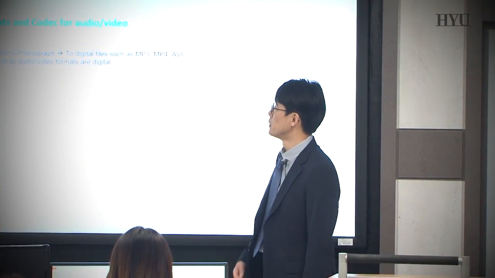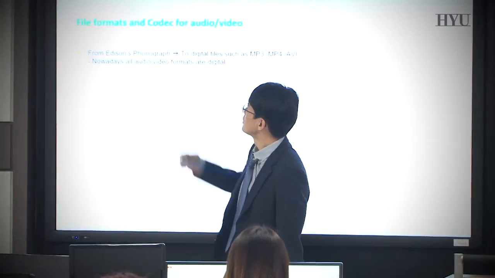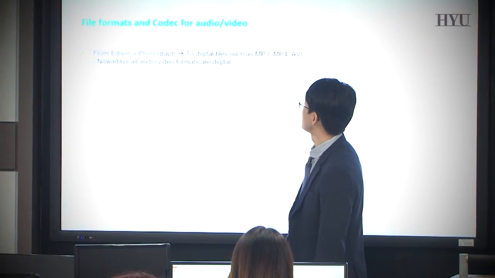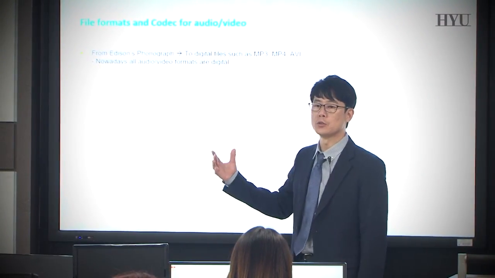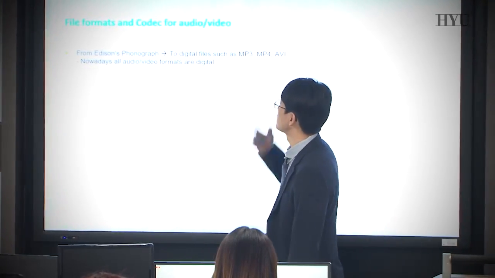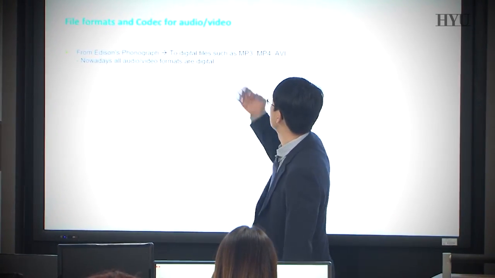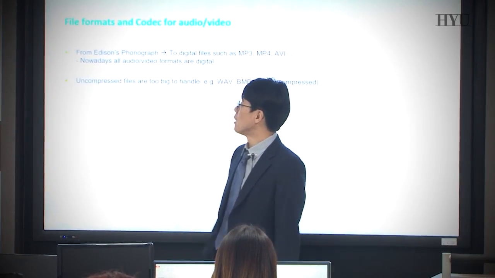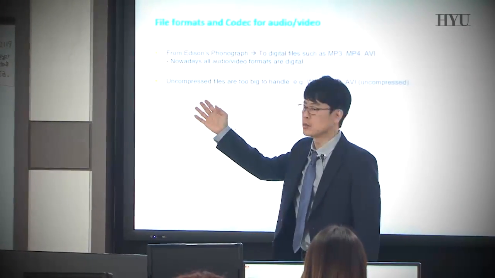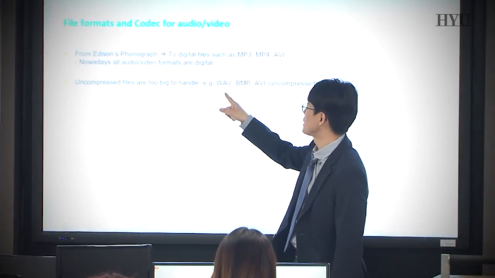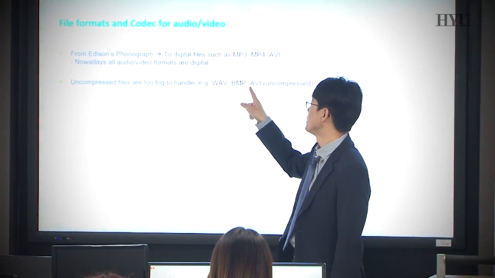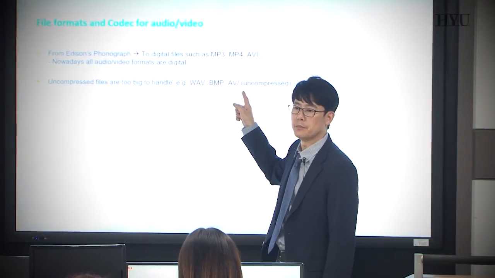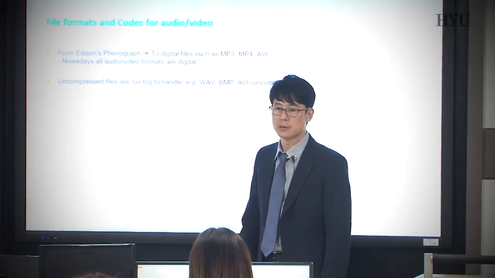Let's take a look at file formats. Edison's invention, after that, that's so-called analog, but nowadays we are using digital, such as MP3, MP4. Usually they were uncompressed. Uncompressed file formats are here: WAV, bitmap image, AVI, uncompressed video. They are uncompressed.